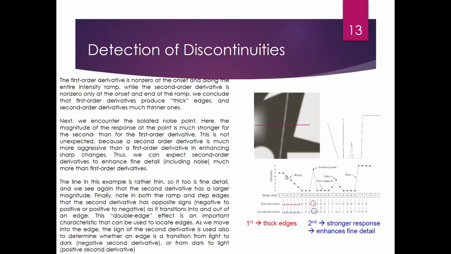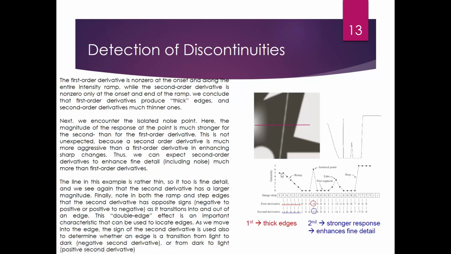The onset is this one, and along this one is a ramp. So we conclude that the first order derivative produces a thick edge, because this one is thicker.